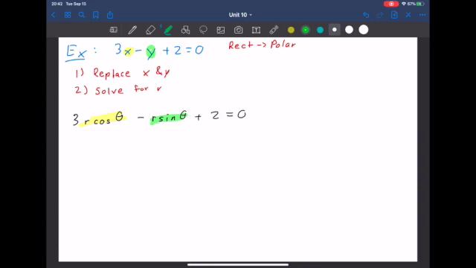Really not controversial. It's just a straightforward application of what we had on the last page. I'm going to move the 2, and I'll tell you why, because I'm going to factor. Just like we would when we're trying to solve equations, especially literal equations, we might need to factor an r out.